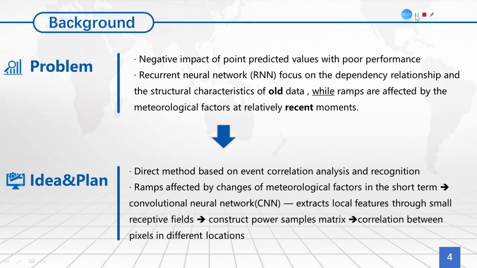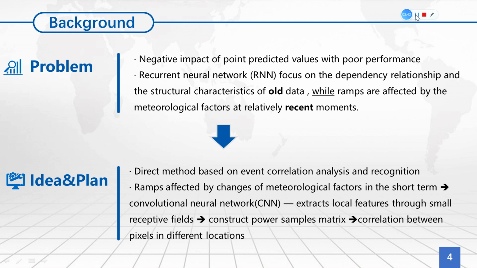Different from the traditional amplitude prediction at a time point, the sudden increase and decrease of power output during a short time is only strongly dependent on the meteorological conditions at the moment.